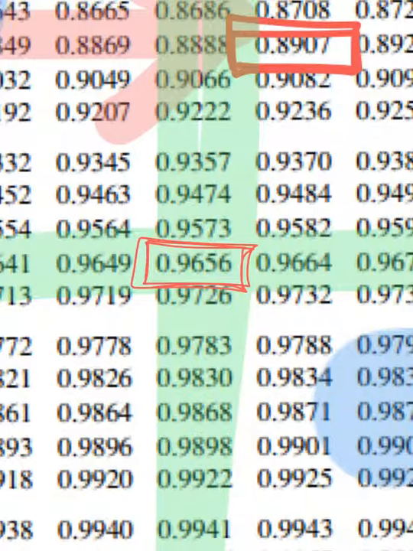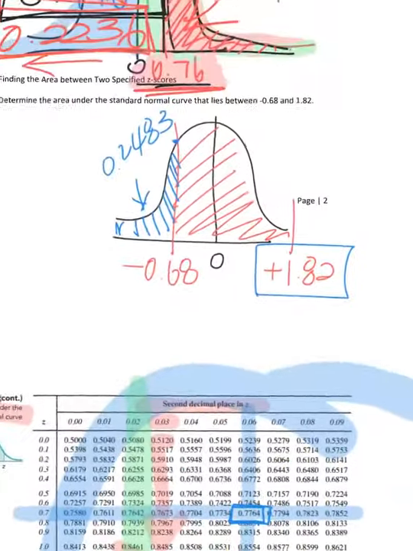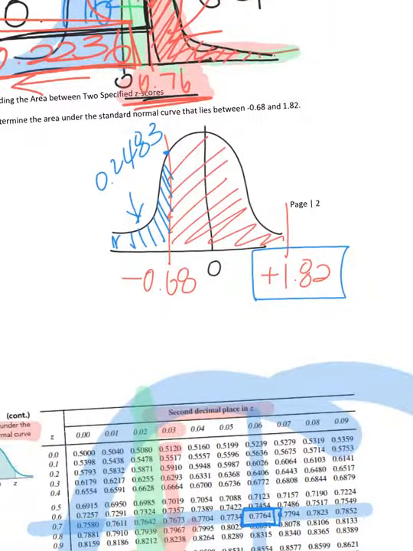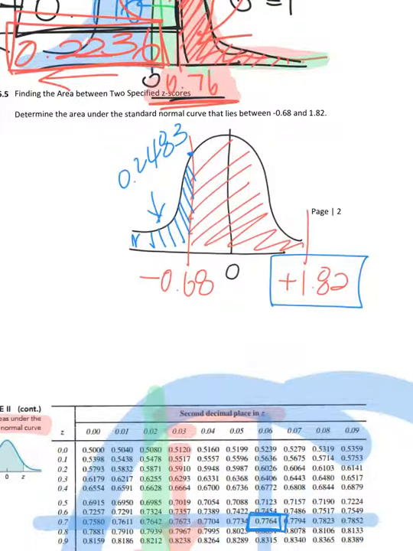To the left again. 0.9656. To the left again. 0.9656. Did I say 9656?